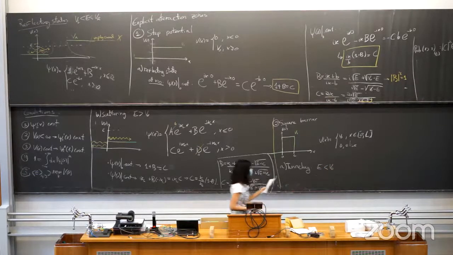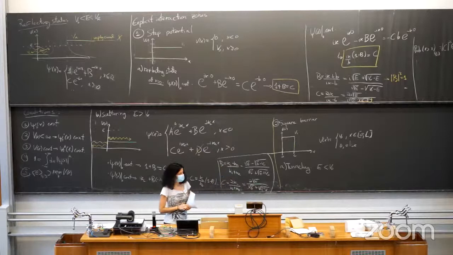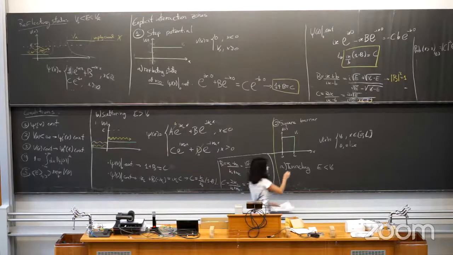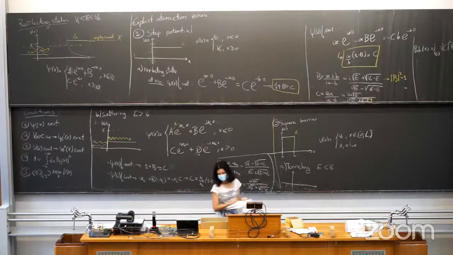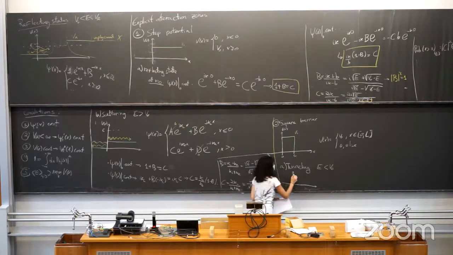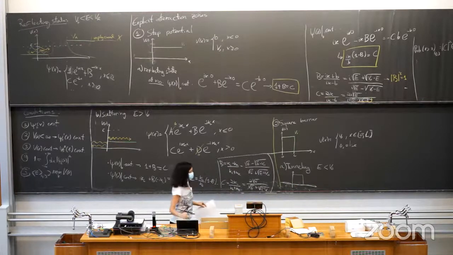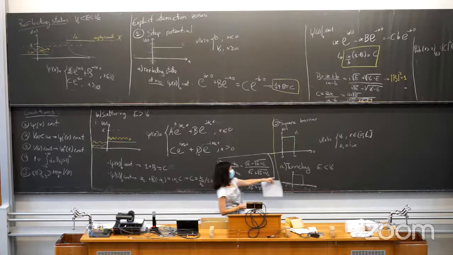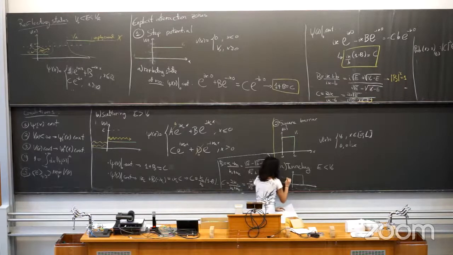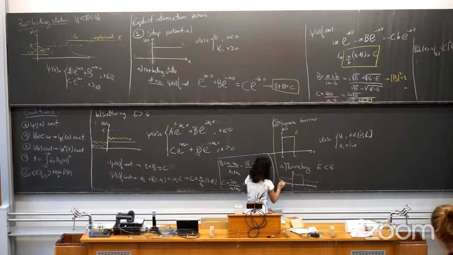So what happens in this case? What's the general solution? We can just write it down, or just draw it. Here we have something coming from this side, with the same K. We can even have this one, even though we'll dismiss it later.